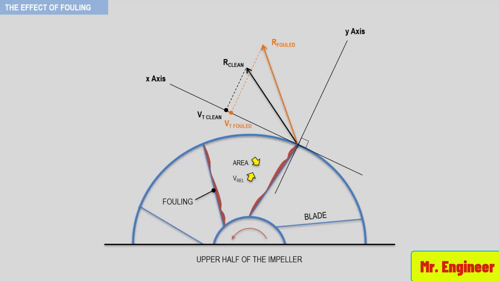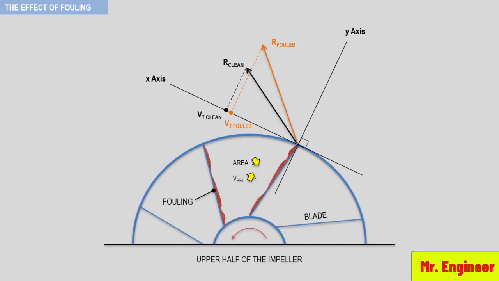As you can see here, the increase in the flow angle and the gas exit velocity due to the fouling has reduced the tangential velocity of the gas. You can see here that the tangential velocity of the gas in the fouled condition is lower than that in the clean condition.